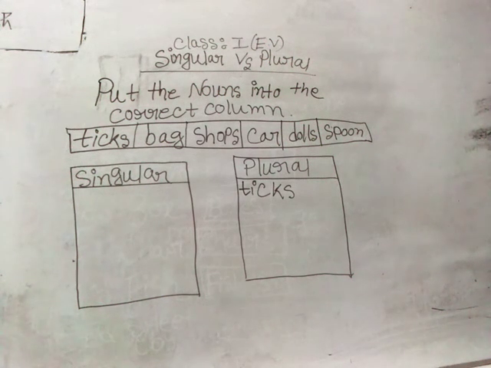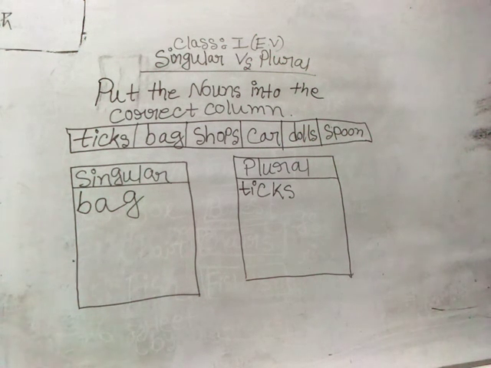Where should I place bag? Should it be in plural column? No, it should be in singular column. So let us write down bag in the right column. According to the rules, we have placed bag in the singular column.